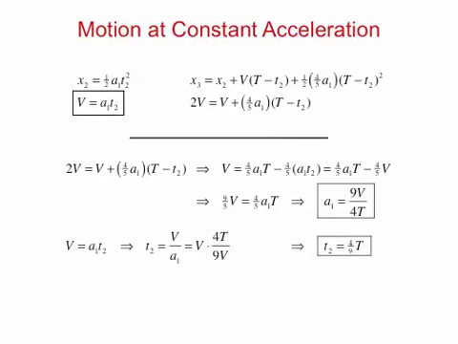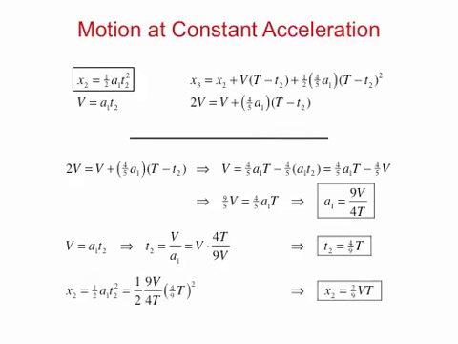Now that we know a1, we can solve for t2. Since v is equal to a1 times t2, t2 is equal to v divided by a1. Substituting in for a1 and simplifying gives t2 equals 4/9 t. To find x2, we simply substitute our answers for a1 and t2 into the equation x2 equals 1/2 a1 times t2 squared.